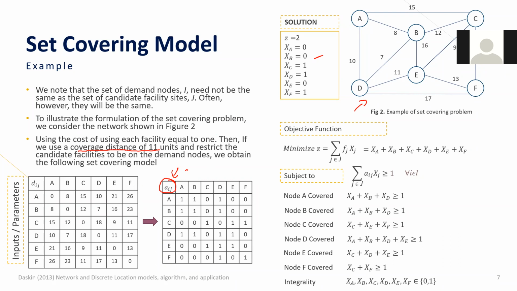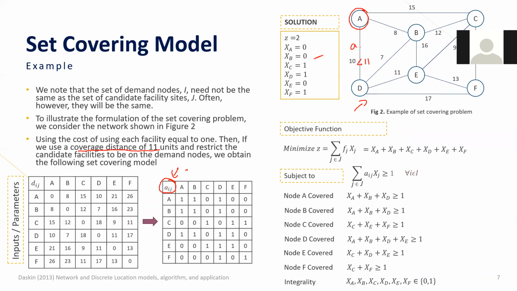For example, if you use A as the facility here, and we know that the coverage distance is 11, you need to check which nodes are covered by A. For example, A to D, the distance is 10, and 10 is less than 11.